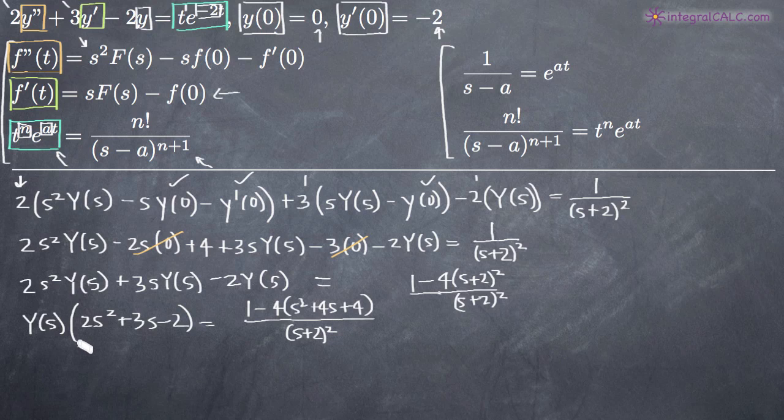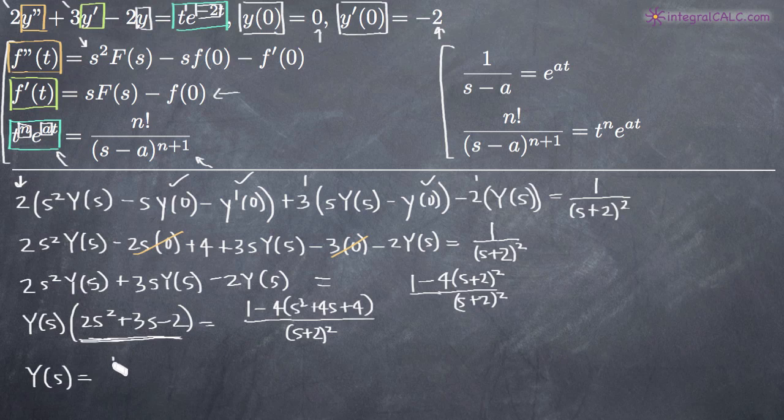And now we're going to divide both sides by this quantity here, 2s squared plus 3s minus 2, in order to solve for Y of s. Dividing the fraction on the right by this quantity from the left is the same as multiplying by 1 over that quantity.